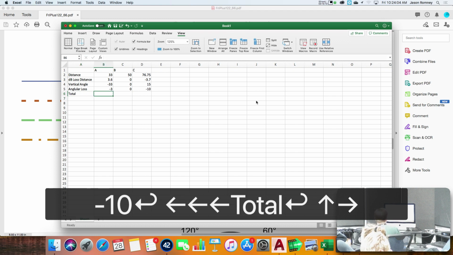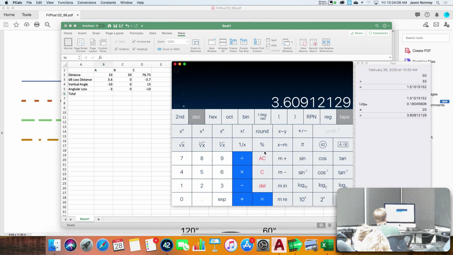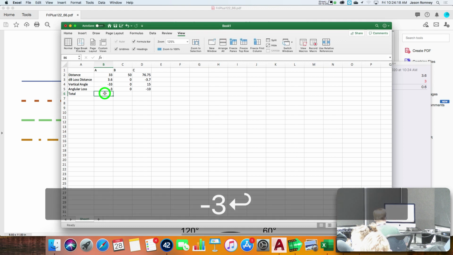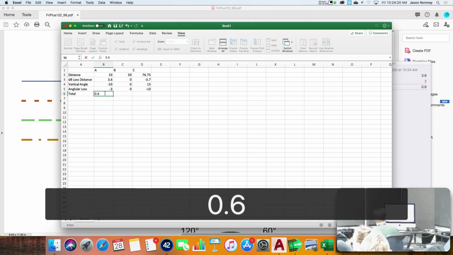So what is 3.6 minus 3? I get 0.6. Here I'm at 0.